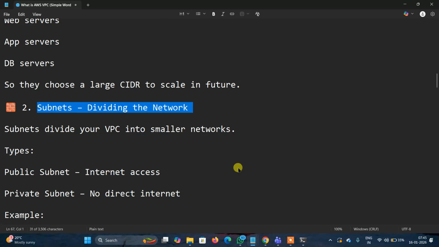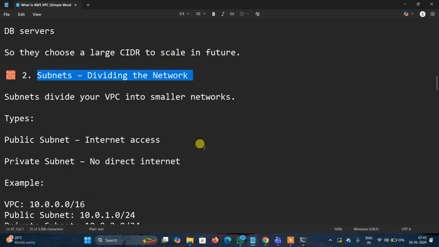This network is divided into small parts, and a small part is a subnet. Subnet divides your VPC into smaller networks. Understand? Again, these subnets are of two types: one is the public subnet and the second is the private subnet. A public subnet has internet access. A private subnet doesn't have internet access.